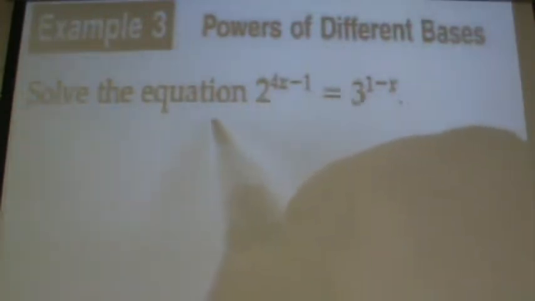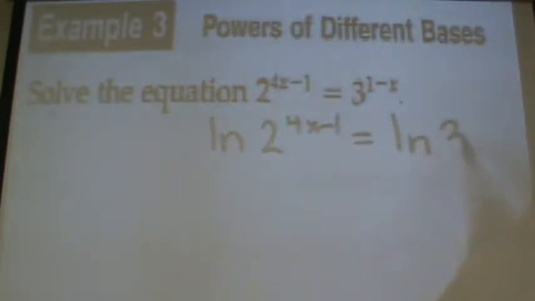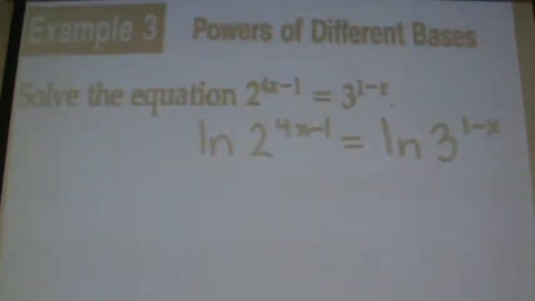I'm jumping to example 3. When you can't get these in the same base, you're going to put an ln. You're going to take the ln of both sides. Now, there was a property called the power property. What do you do with the power?